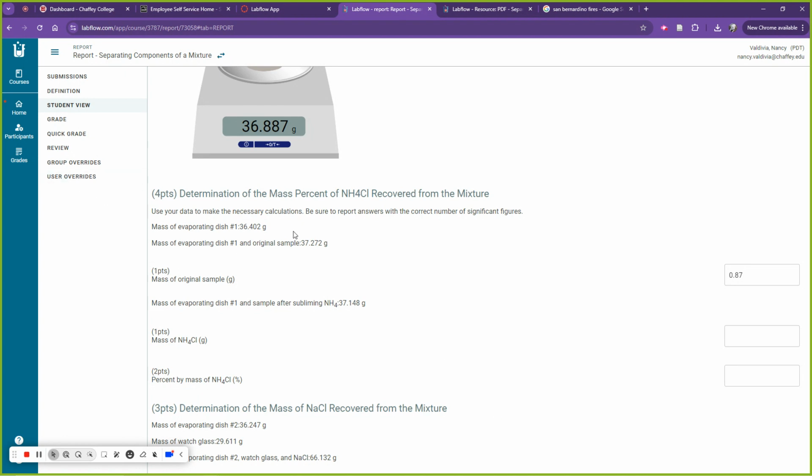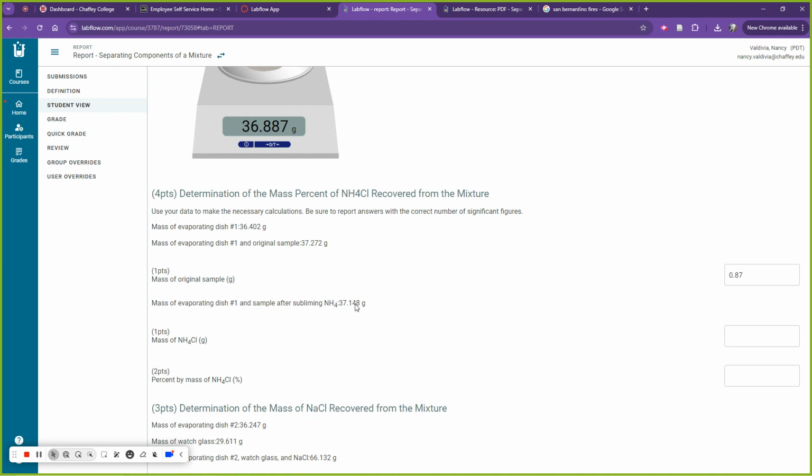Right, well, if we did the original sample, you would still have another weight there being added, and that would be your evaporating dish. But it might work because, as you can see, it will eliminate your evaporating dish as well. So actually both of those methods would work. If you take this minus that, you're going to end up with a difference, right? And that's the difference you want.